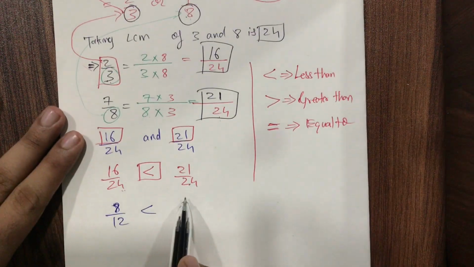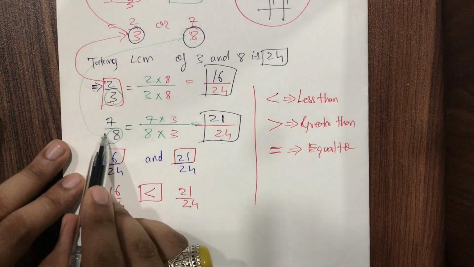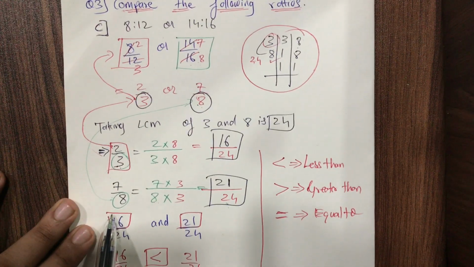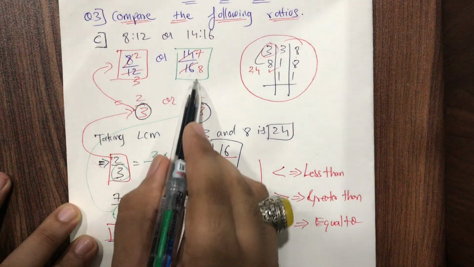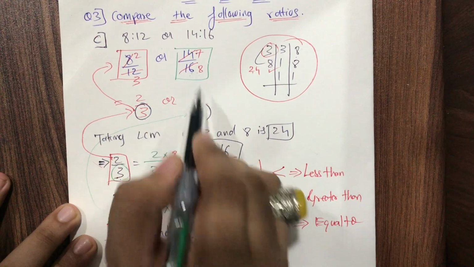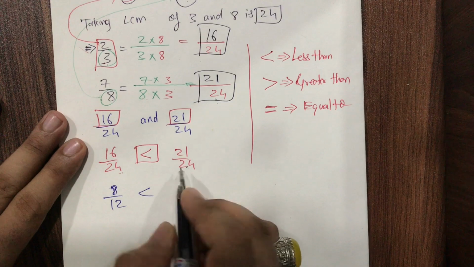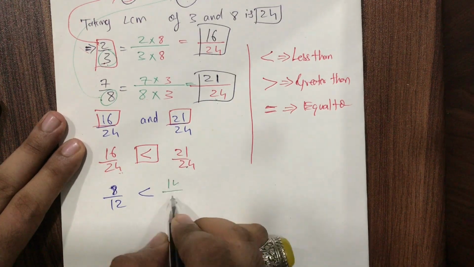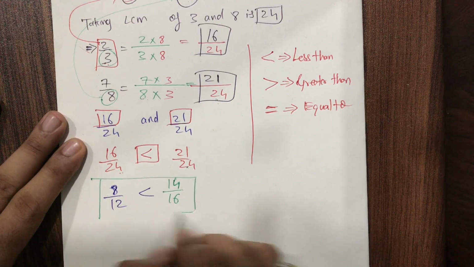Okay, so this 21 upon 24 was obtained from 7 upon 8, and 7 upon 8 yet was not the original question. We obtained 7 upon 8 after the cancellation of 14 upon 16. So in place of 7 upon 8 you have to write 14 upon 16. So 21 upon 24 should be written as 14 upon 16. Okay, so this is the answer, students.